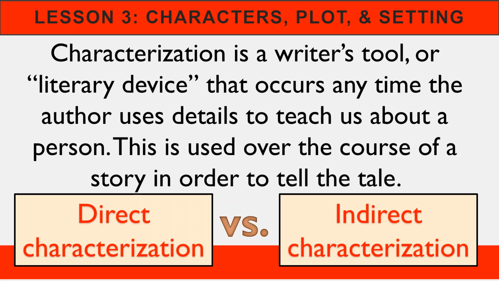Meanwhile, it is indirect if the writer reveals information about the character and his or her personality through the character's thoughts, words, and actions, along with how other characters respond and say about him or her.